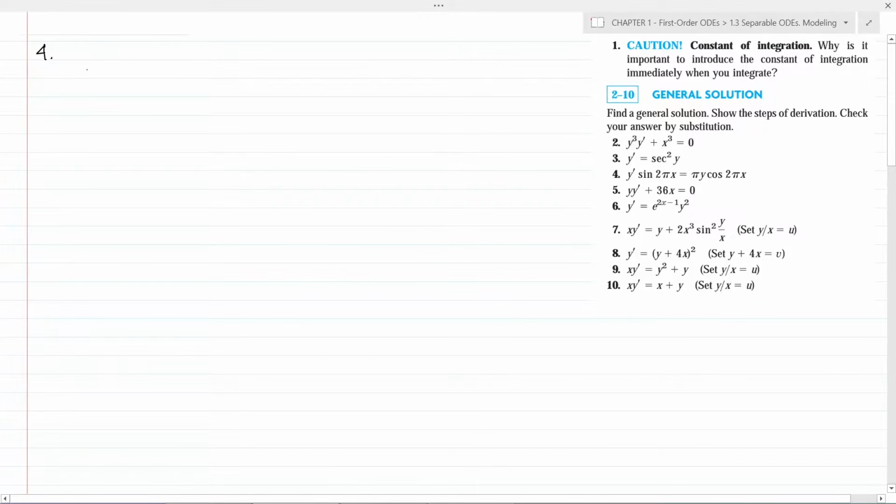Problem 4. y dash sin 2 pi x is equal to pi y cos 2 pi x. Now in the method of separating variables, our first aim should be to get all the y terms to the left side and all the x terms to the right side.